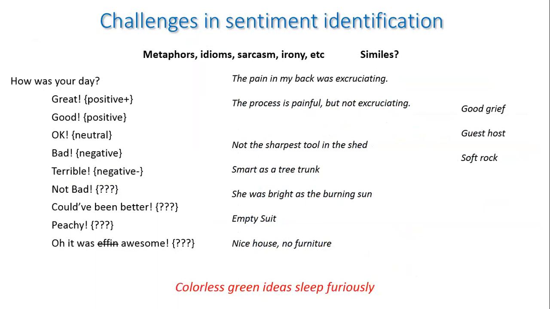So in that case, not bad will become synonymous with good, and we will look at some examples of how that can be done in classifiers. Do you understand the issues now?